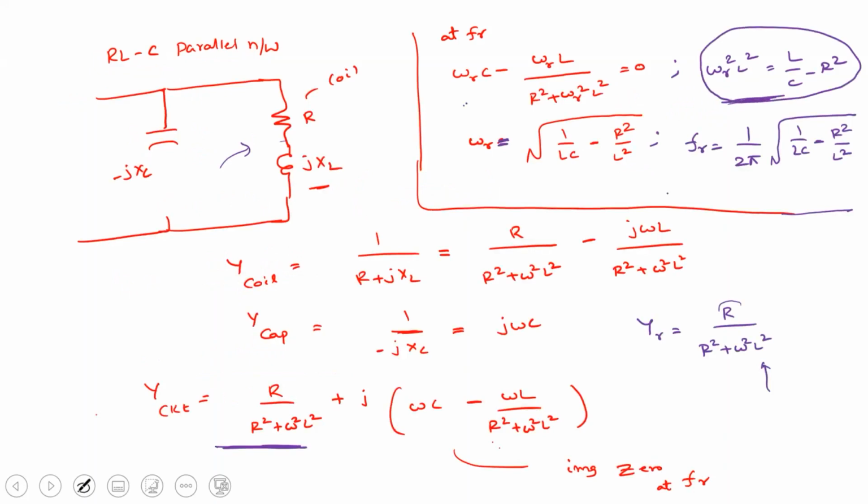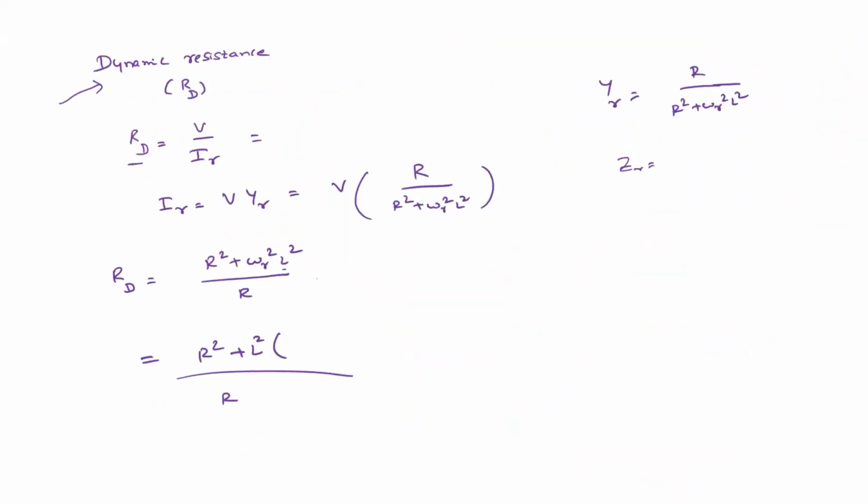So from this, what is omega R square? It is 1 by LC minus R square by L square. So we'll bring this here: 1 by LC minus R square by L square.